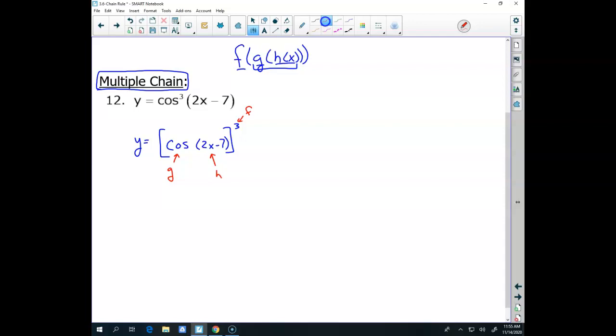When I'm doing a multiple chain rule, I'm doing the same thing as I did with the regular chain rule. Regular chain rule is f of g of x, right? And when I find that derivative, I took the derivative of the outside and I left the inside of it times the derivative of the inside function. Well, in a multiple chain, there can be more than 3.